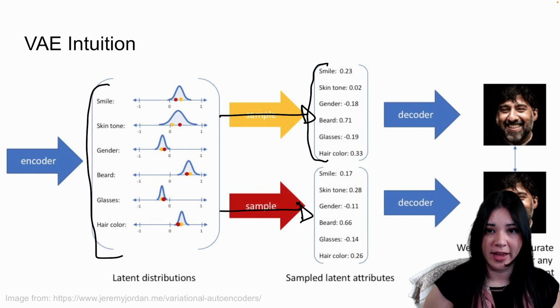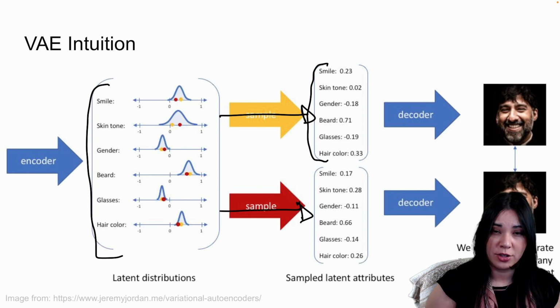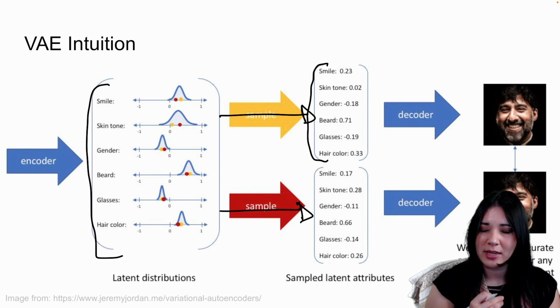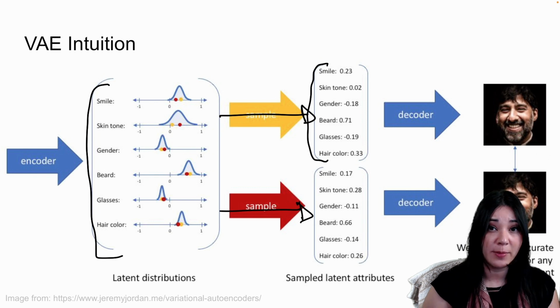The decoder then takes all of these values and recreates an image. Because an autoencoder is still judged on whether or not it can recreate the original image, we expect that both of these very slightly different samples are going to generate incredibly similar images, both that are similar to the original input face. This is similar to penalizing the derivative of a typical autoencoder.